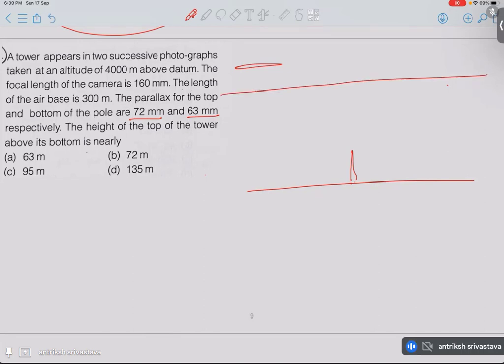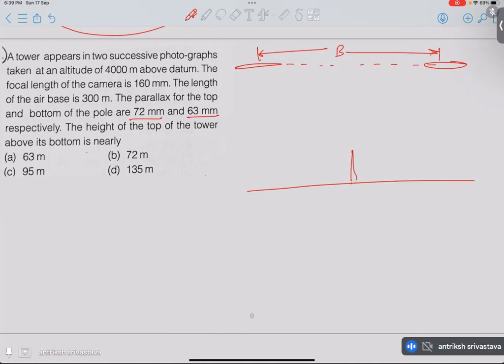The plane is going at the same flying height, same cruising height, and it traveled some distance b, and it took the photo of this tower from both these locations. This photo plane will be at the focal length distance from the aeroplane, and here the photo will look like this.